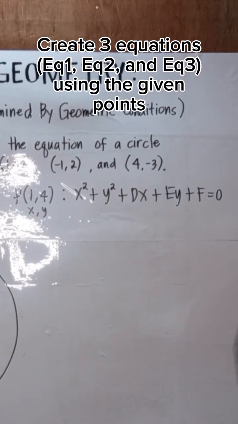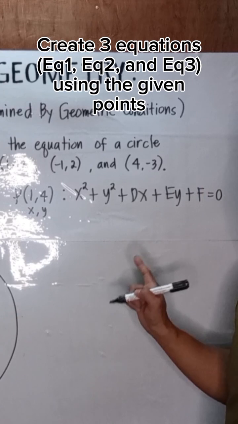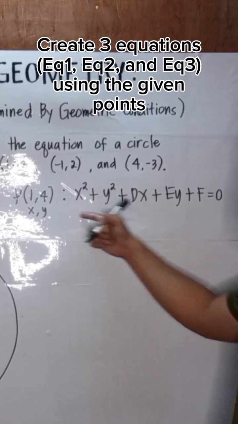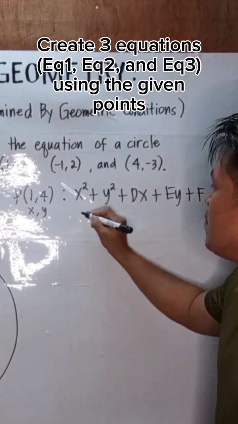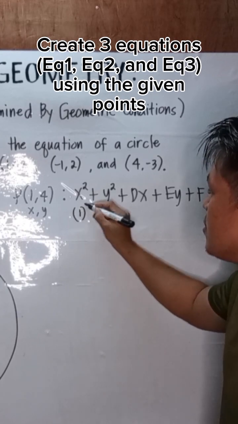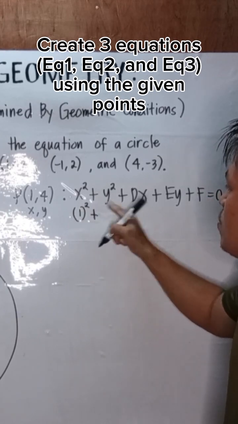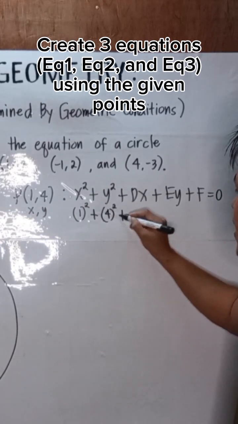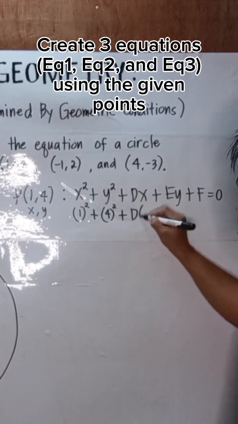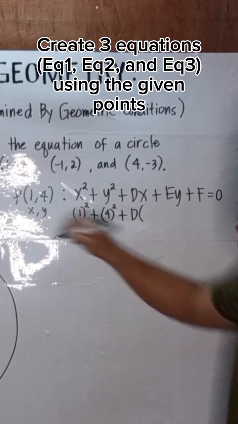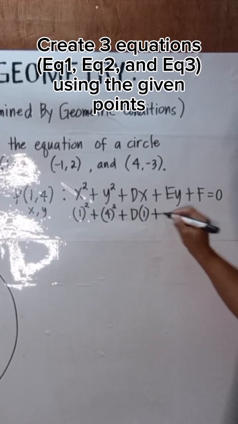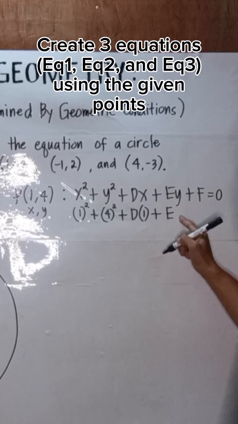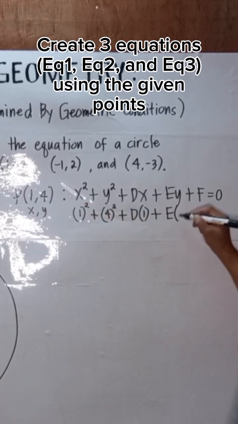Then, we're going to substitute the values of x and y dito. So, we have 1 squared plus, ang y natin ay 4, so 4 squared plus d times x natin is 1 plus e, ang y natin is 4, then plus f.